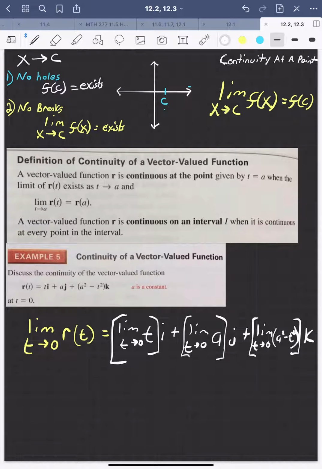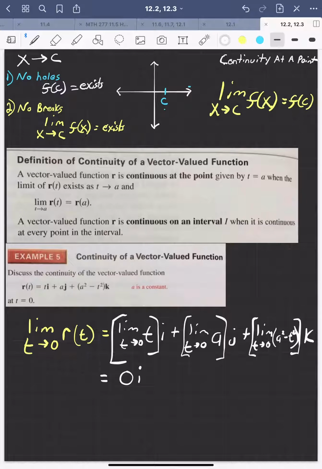Okay, so let's go ahead and evaluate this component by component. So starting with the i component, very simple. You remember the rule that allows us to simply substitute, right? So that is going to be 0i.